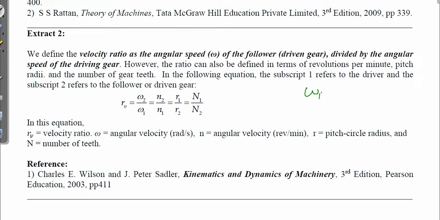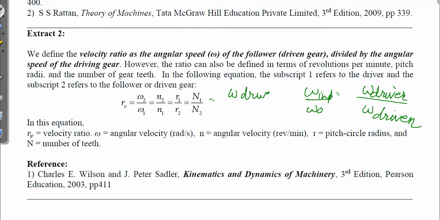As I told, input is driver and output is driven. Here, according to this, it is omega of driven upon omega of driver.